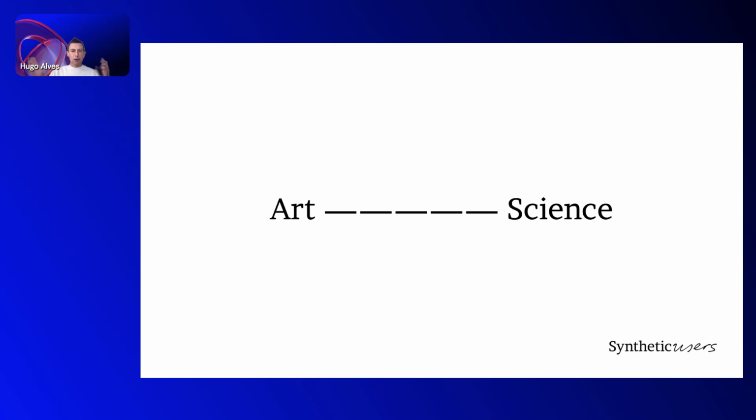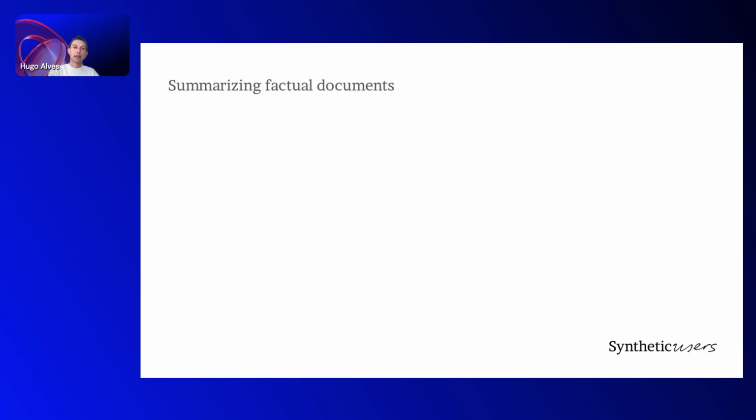And evaluations, if we think about it in this kind of spectrum between art and science, I imagine some of you will be able to guess, but they fall right around here. It's a little bit of a mix between science and art. The reason is that there are so many tasks that nowadays large language models and AI can help us with.